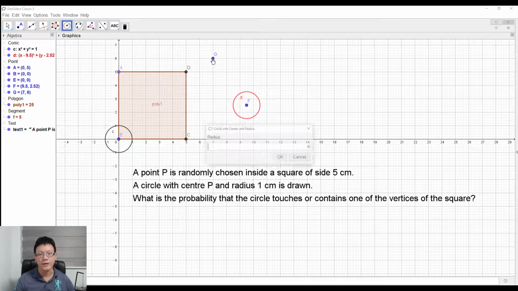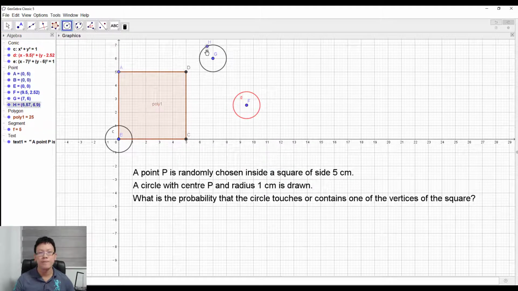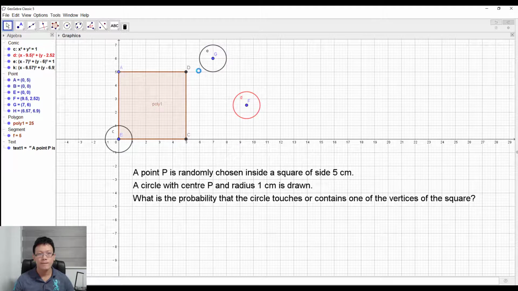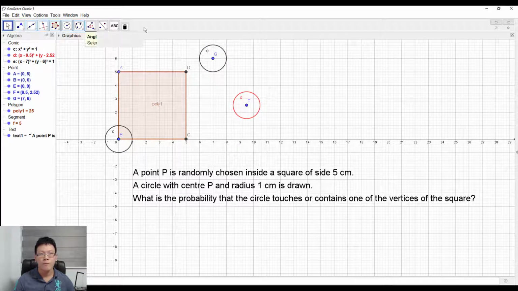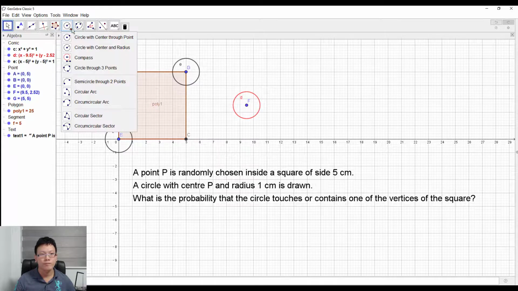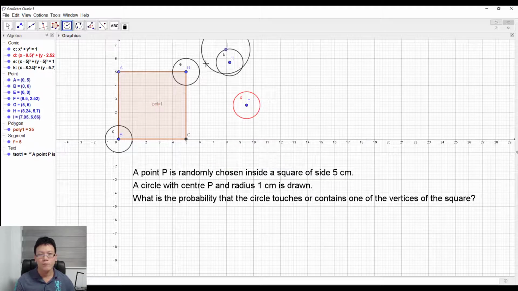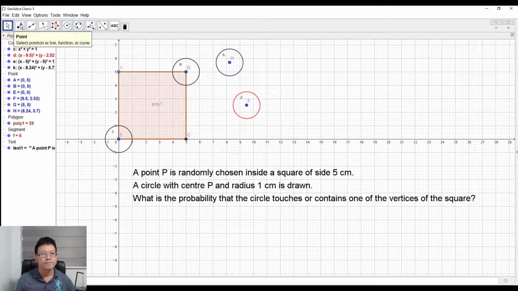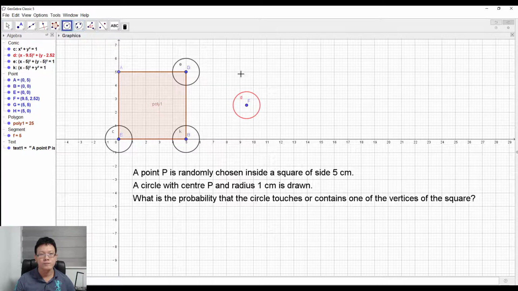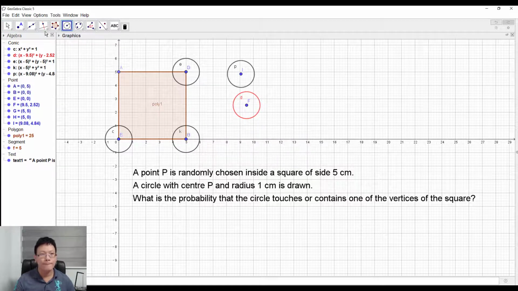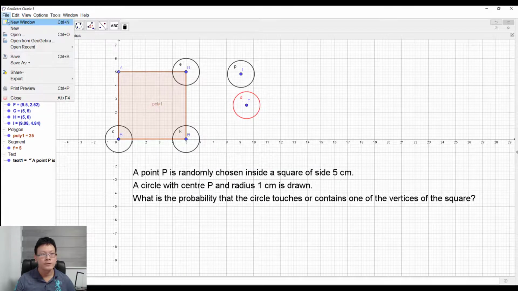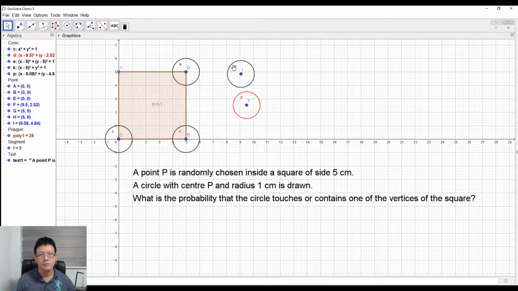Now we can actually plot that very quickly with Geogebra. Now, there we go.